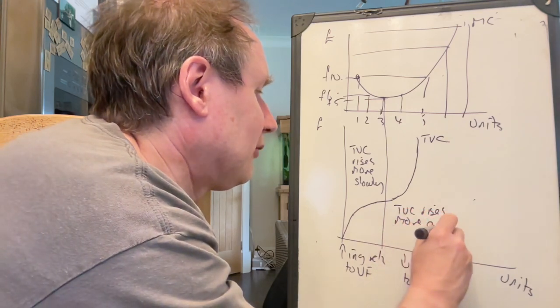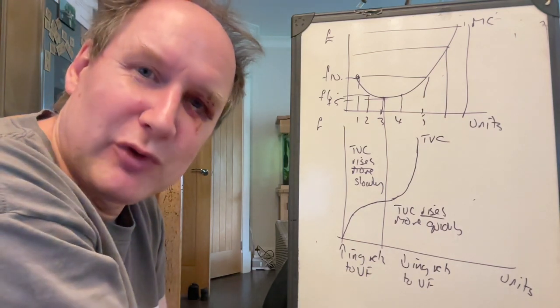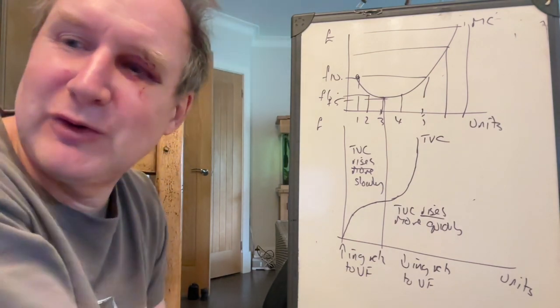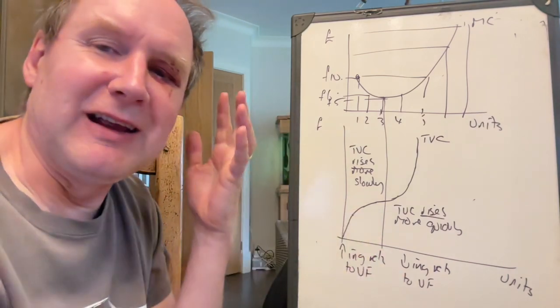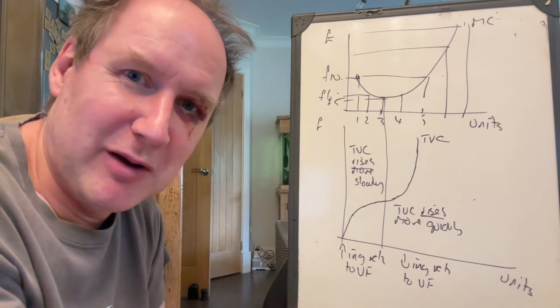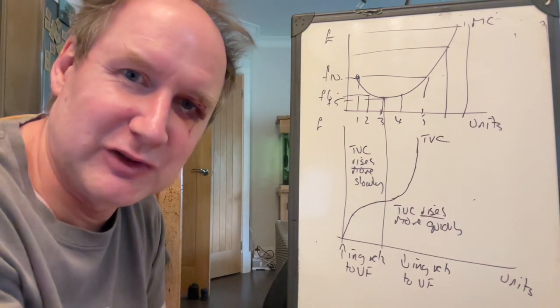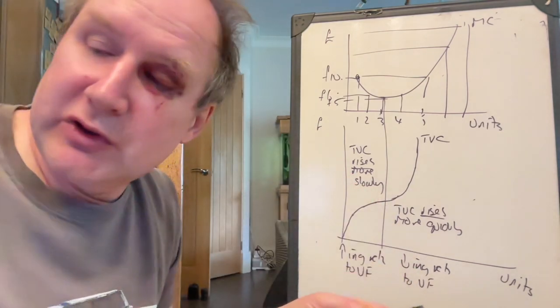But you'll see that the key word is rises. If you make more units, it's going to cost you something. As you make more units, your total costs are going to go up. It costs more to make 10 cars than it costs to make 9 in total. So my total variable cost curve looks like that.